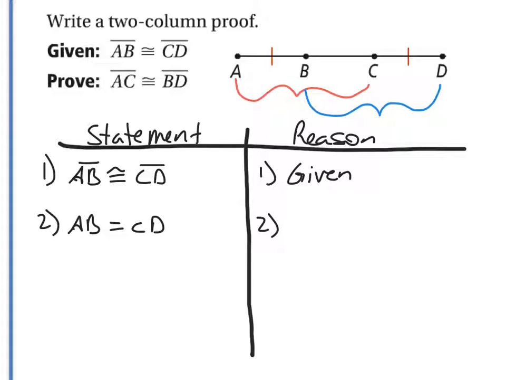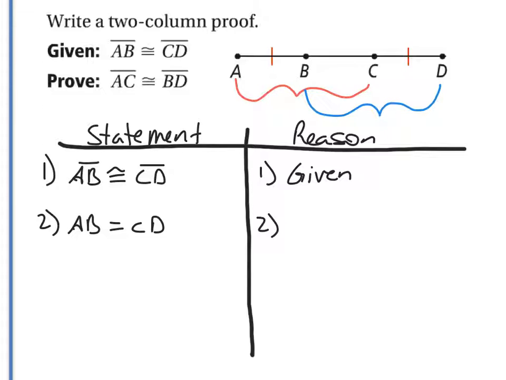Notice how I changed the notation. I no longer put bars over the top. Why? Because what does AB stand for? It is a number. And what number does it talk about? The distance from point A to point B. AB talks about the distance from point A to point B.